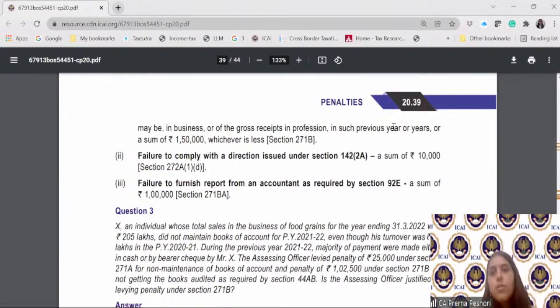Geeta, the procedure is going to be the same only. It is going to be through the assessment procedure only. Naveen, yes, you are correct.